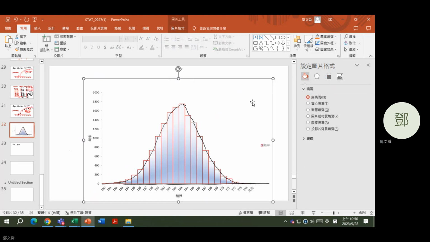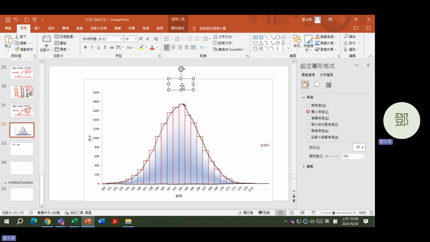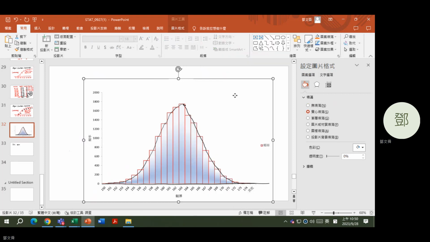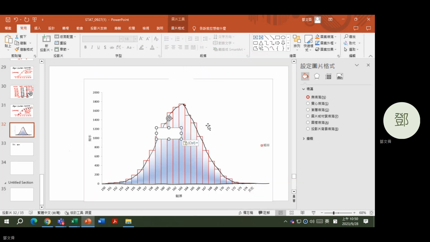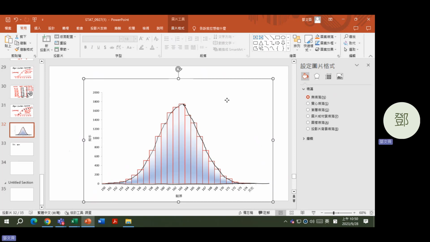Now the Chinese character is gone. Copy, paste. Because I can't use Chinese.